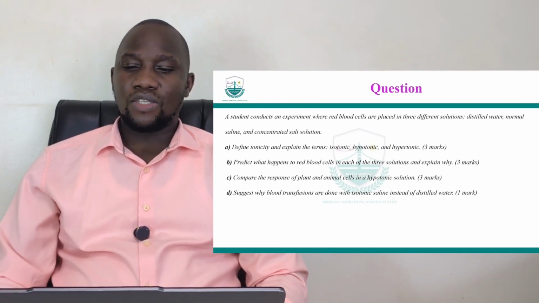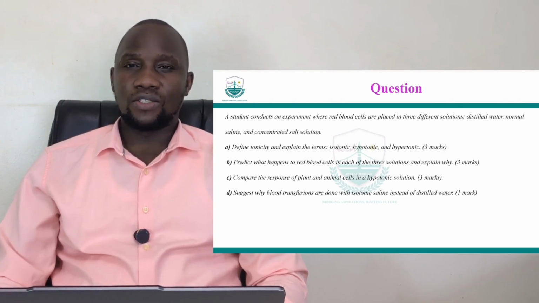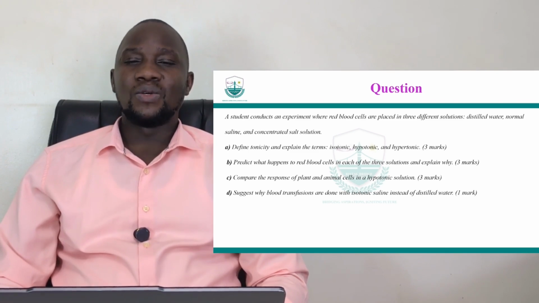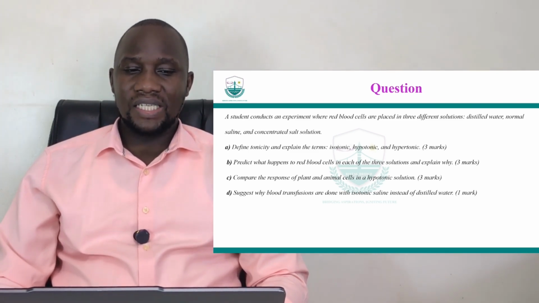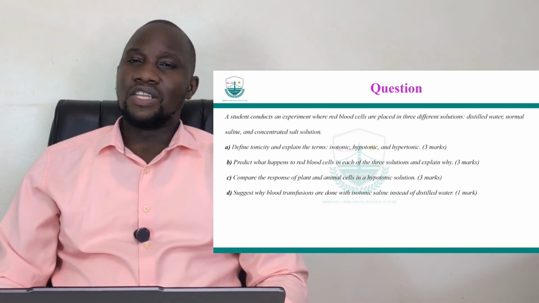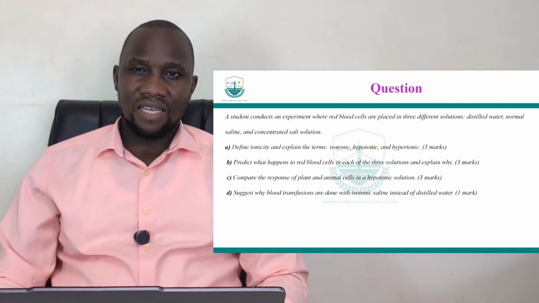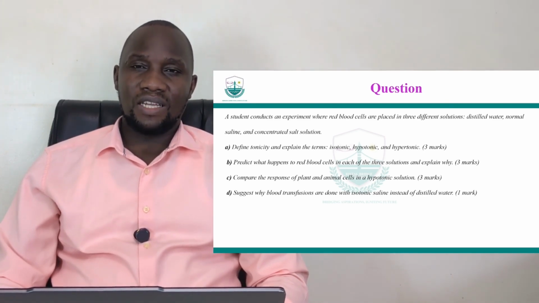So like the question that we asked earlier on, you would expect the concentrated salt solution to be the hypertonic solution, and then the distilled water is water that does not have any impurities, so you don't expect any solid. Basically, this is pure water and has a water potential of 0.